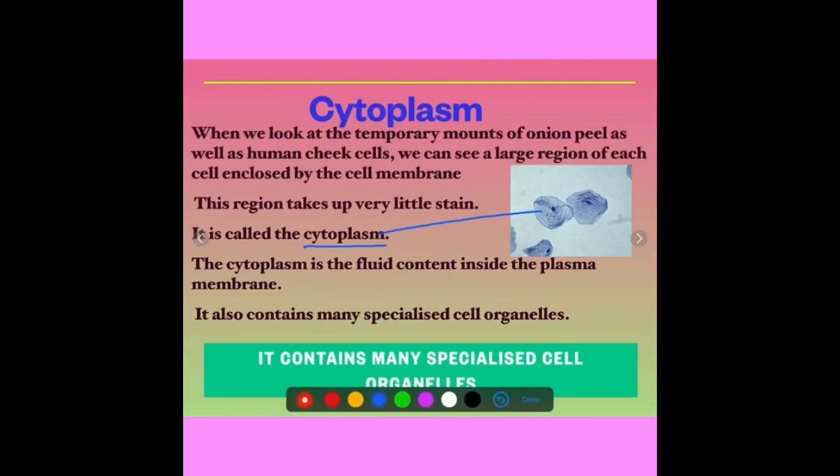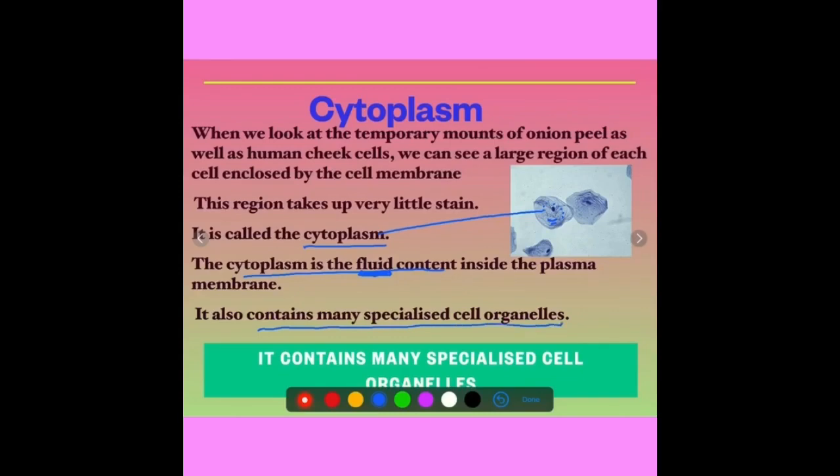The cytoplasm is the fluid content. What is a fluid? It is neither a liquid nor a solid. It is the state between liquid and solid. So the state of cytoplasm is fluid. It contains many specialized cell organelles.